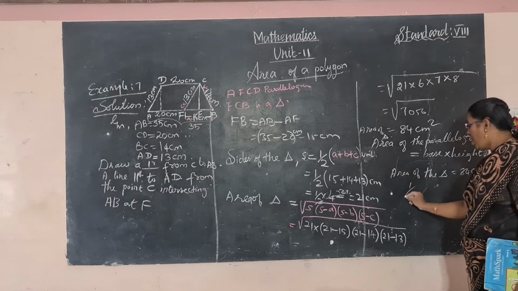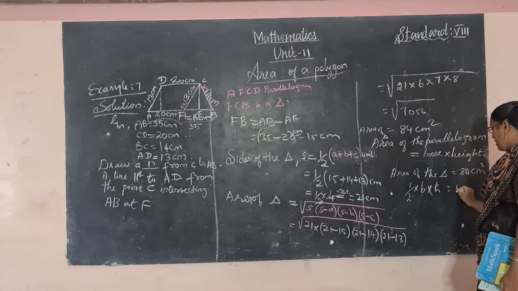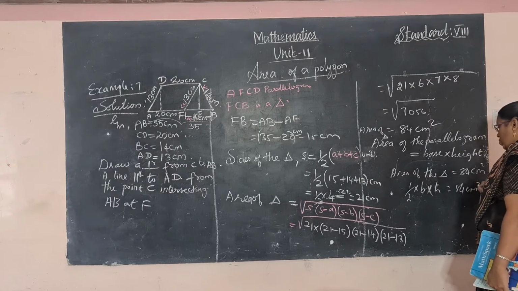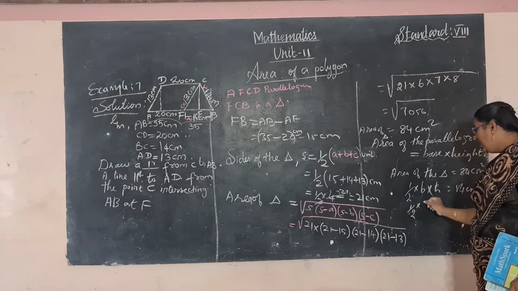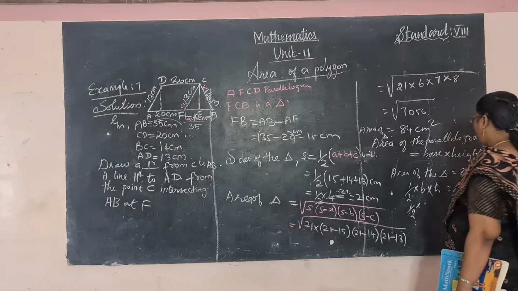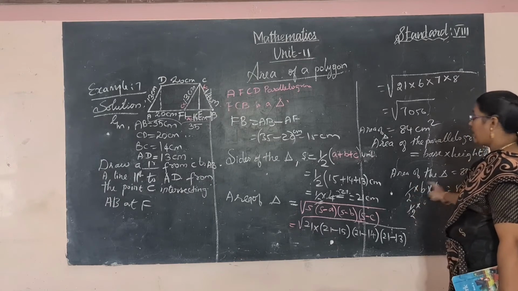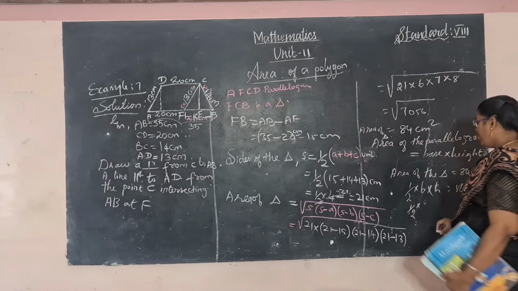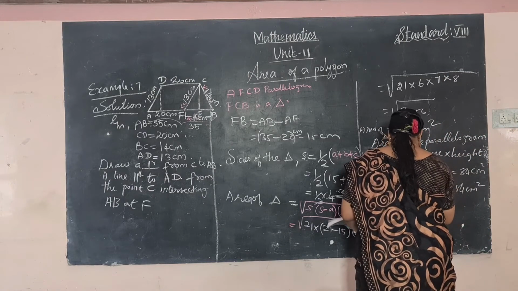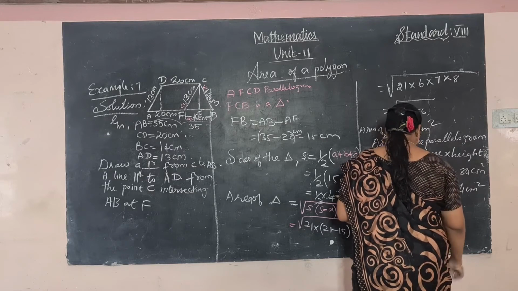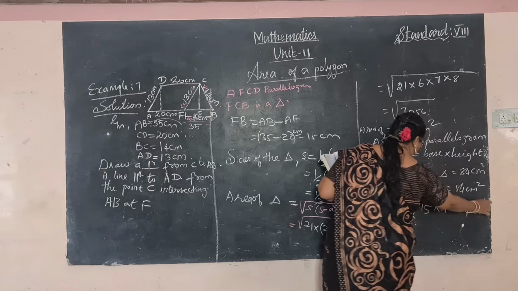So half into base into height is equal to 84 centimeter square. Now we have to find out the height from this formula. What is the base value here? 15, is it? The base value was 15. So 15 into h is equal to 84 centimeter square.